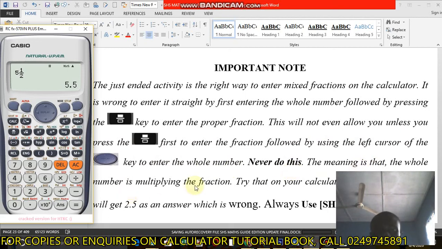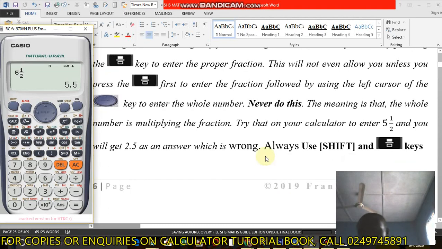Never do this. The meaning is that the whole number is multiplying the fraction. Try that on your calculator to enter 5 whole number 1/2, and you will get 2.5 as an answer, which is wrong. Always use shift and the fraction key.